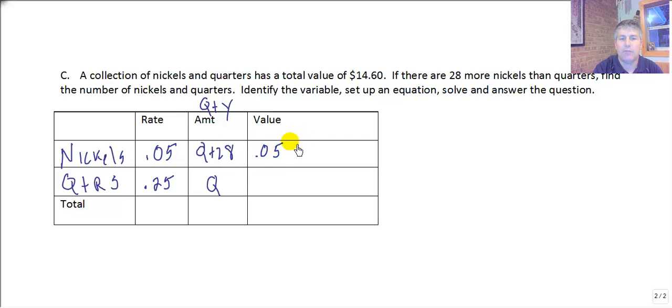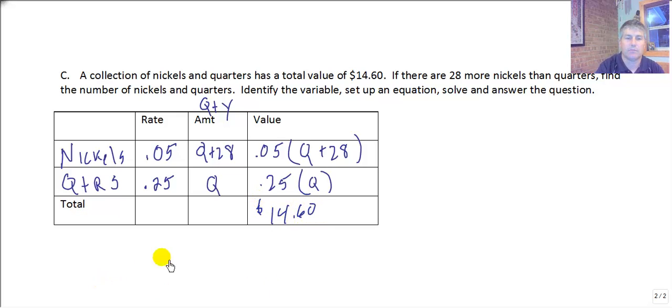Then the value of my nickels is the price of a nickel, hopefully you know that's 5 cents, times Q plus 28, quantity times price. And my value of quarters is 0.25 times Q, and then my total value of my coin collection is $14.60.